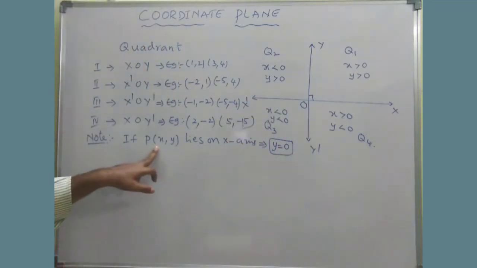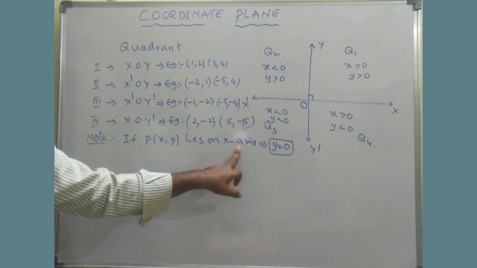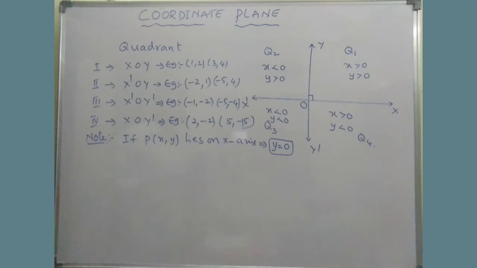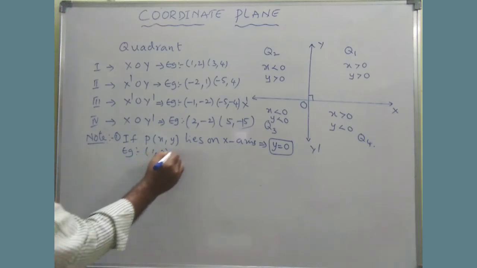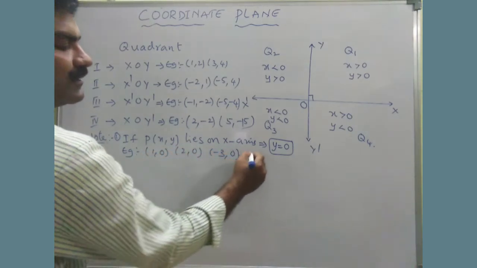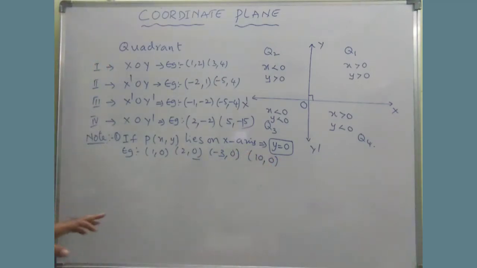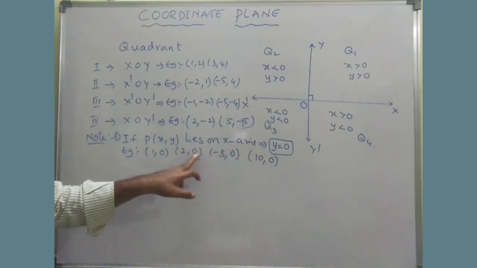For example, (1, 0), (2, 0), (-3, 0), maybe (10, 0). Look clearly, the y coordinates are 0, no?